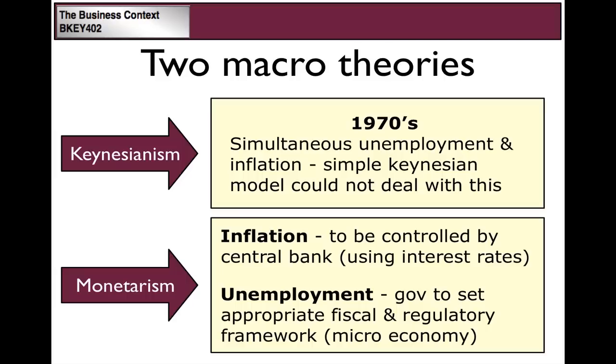Unemployment can only be managed by markets. The role of government here is simply to set an appropriate fiscal and regulatory framework to ensure that markets work well. And that's a microeconomic analysis, not a macroeconomic one. This part of monetarism is essentially what is known as supply side theory. Again, for those interested, you need to read up more on this. For our present purposes, I'm afraid I haven't got the time to go into this.